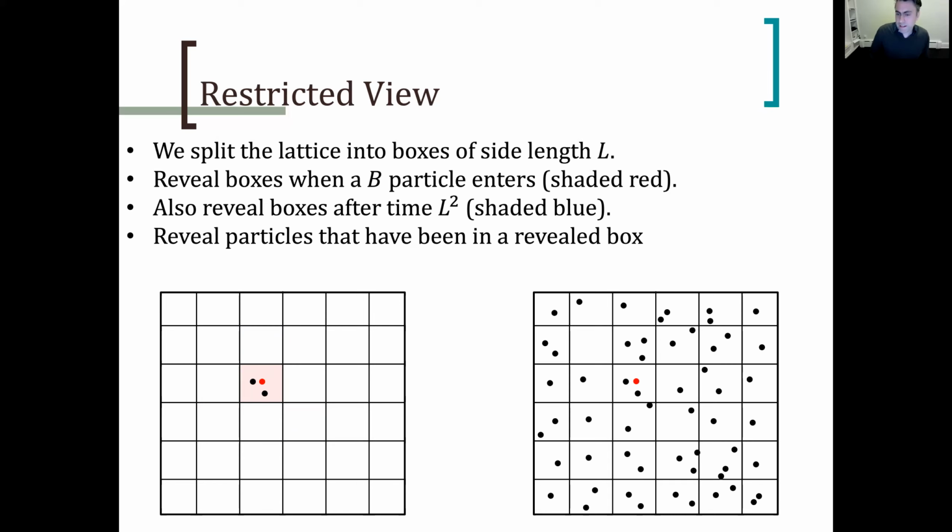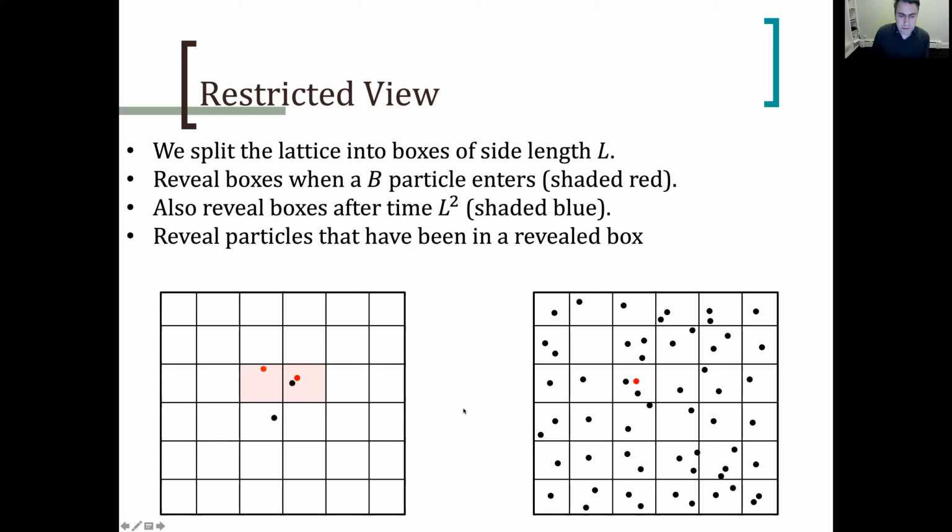So on the right, I have a Poisson process on the plane, and we just decide this at time 0, and that's going to tell us what we should discover when a new box is discovered. So this is the first time that the box to the right is colored. And so we look at the corresponding box on the right. There's one particle there, so we copy that on the left.